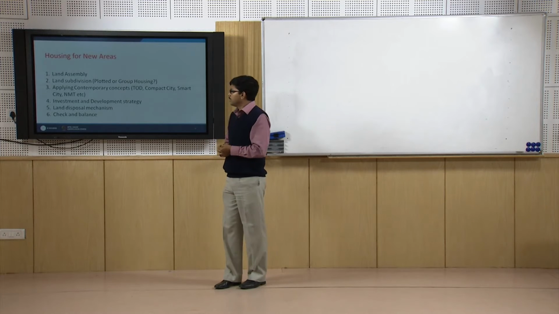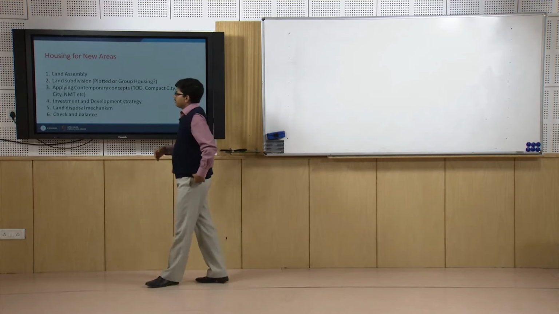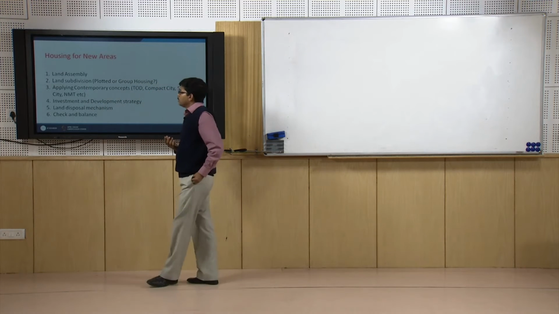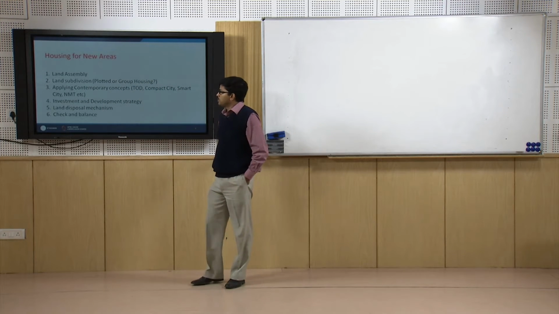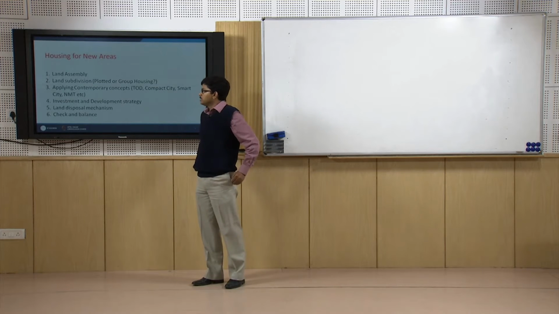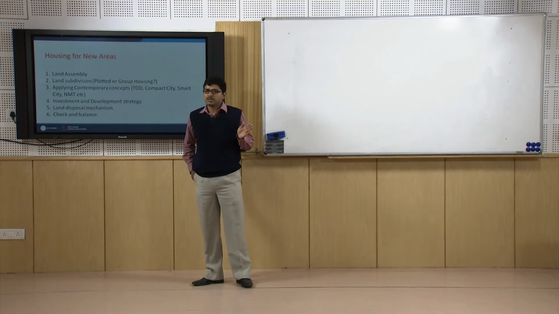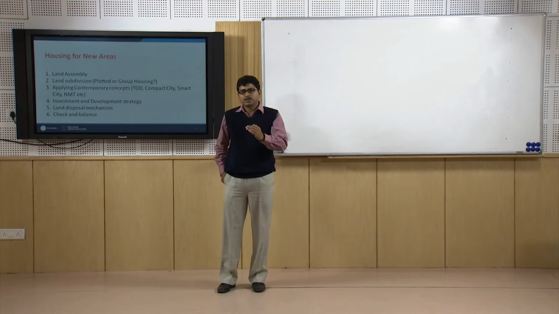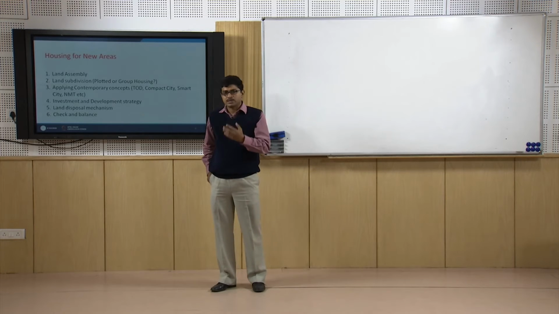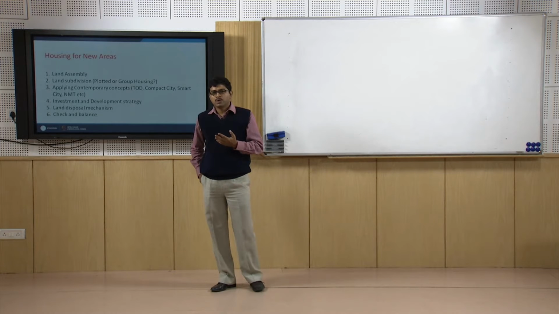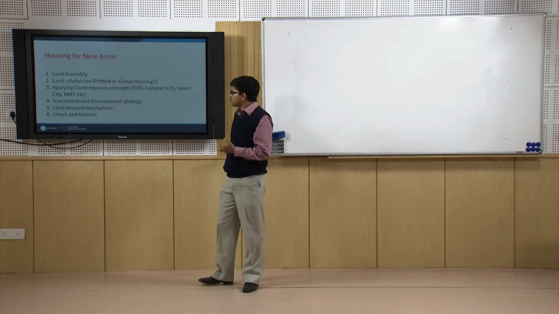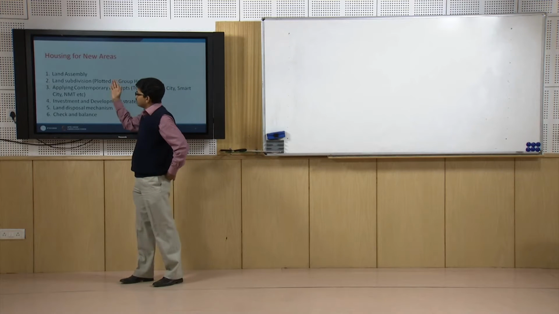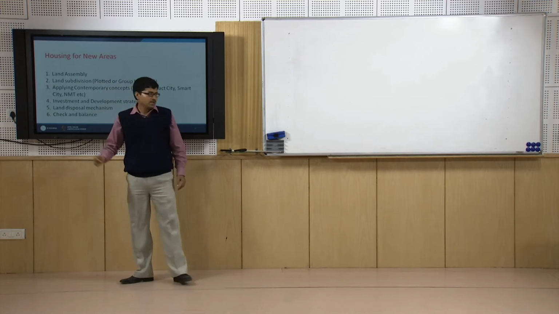Those kinds of land assembly techniques could be exercised in any city. After the land assembly, some substantial land will be available in our hands. The next part is to decide what kind of housing is required. Based on the strategy document we have already prepared, it is clearly written which part is going to have what kind of housing typology. Based on whether it is predominantly group housing or plotted housing, we do land subdivision.